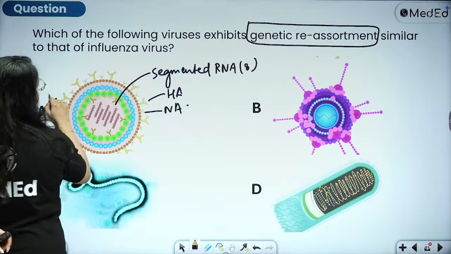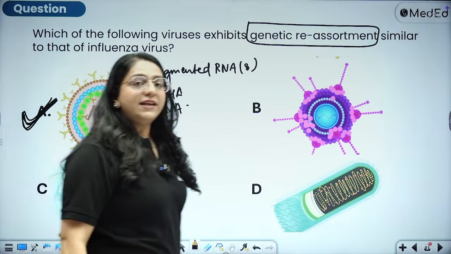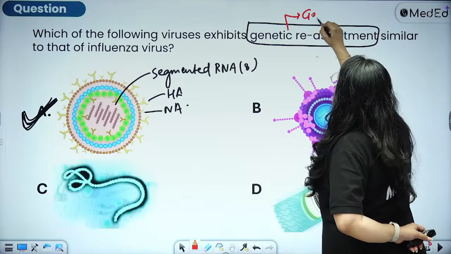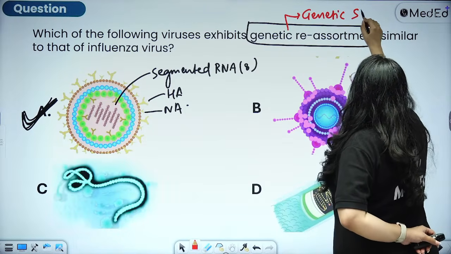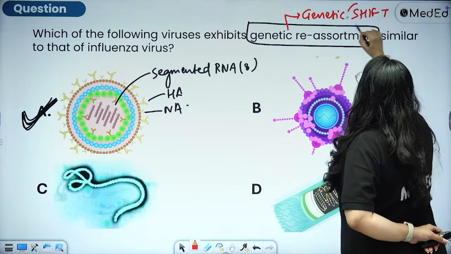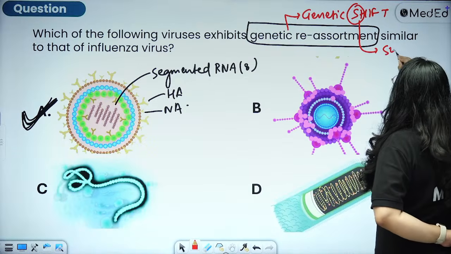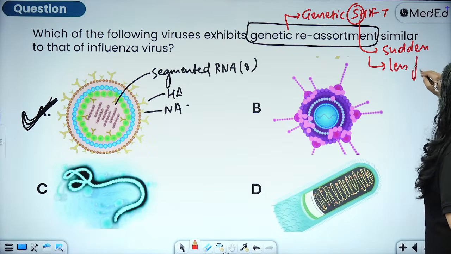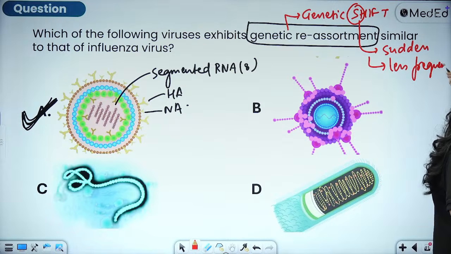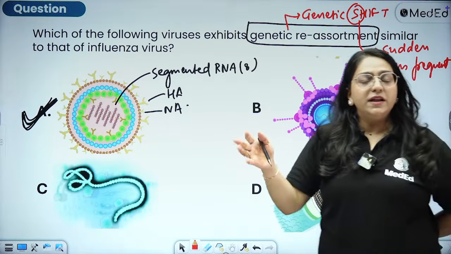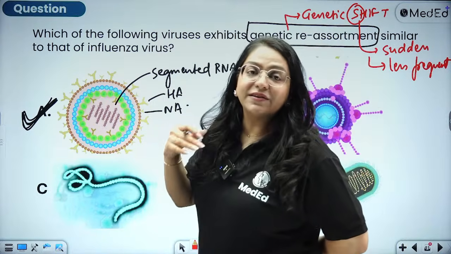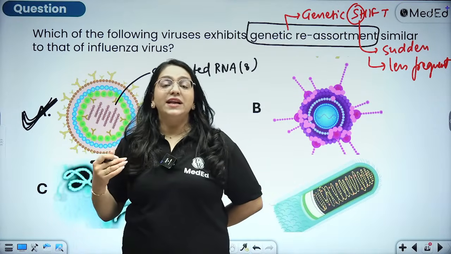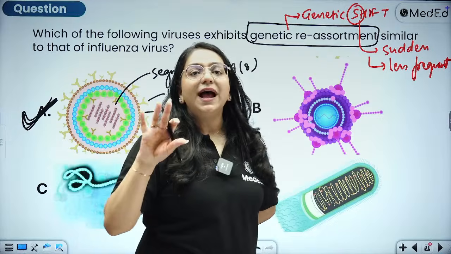So the answer is of course A, because genetic reassortment is called genetic shift, and shift is sudden and less frequent. Something which is sudden will be less frequent, something which is gradual will be more frequent. So genetic shift is sudden and less frequent, whereas genetic drift is gradual and more common.